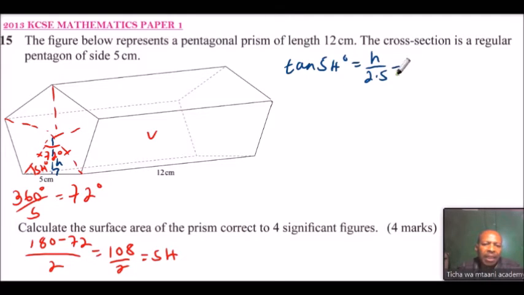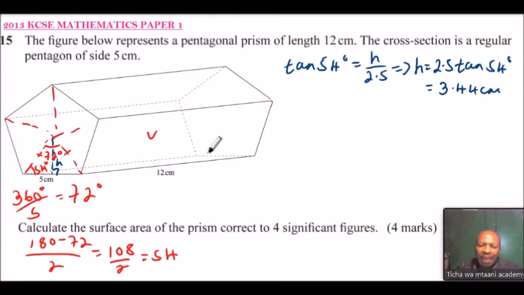This implies that h is equal to 2.5 multiplied by the tangent of 54 degrees. When you use your calculator, you should be able to get 3.44, that is 2 decimal places.